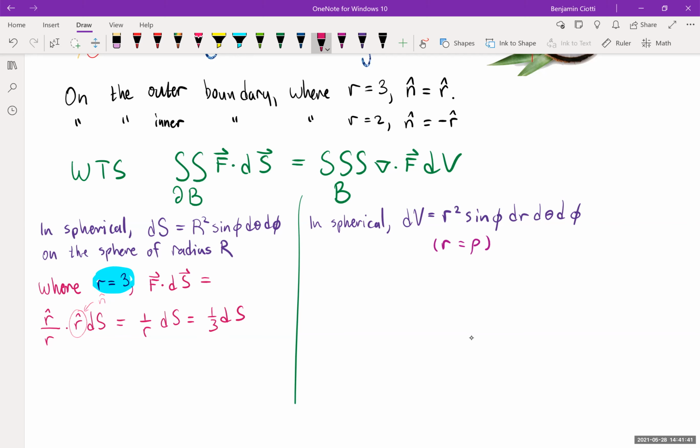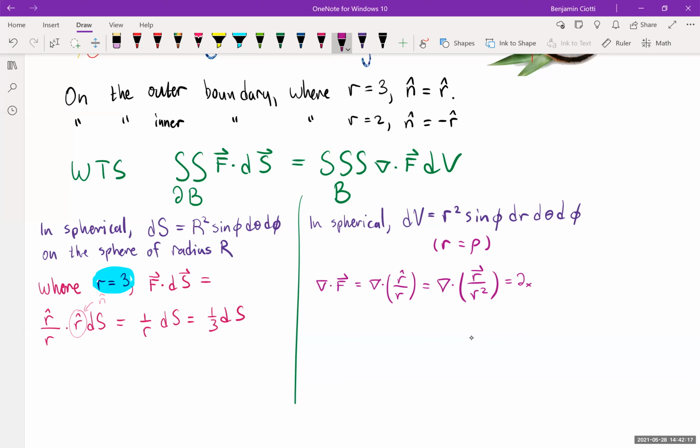And then you can do a similar calculation on the inner one, but let me help out the volume integral. I guess we're going to need to compute del dot F. I think right off the bat, it's going to be easier to write it as del dot r over r squared. It's a bit easier.